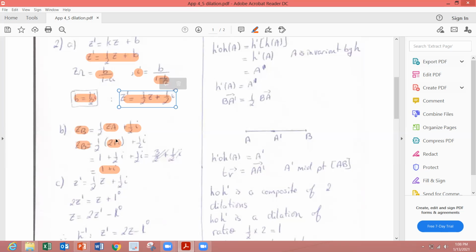Yes. حط محل ZA 2 plus I and we get ZB equal 1 plus I. كيف بيطلع 1 plus I أستاذ؟ Half plus half I، half I plus half I بيطلع 1 I. إيه هيدا شو كاتب هون؟ 3 over 2 plus half I. غلط هيدا، صافي هيدا هون ماشي. أنا كمان عم بقول.